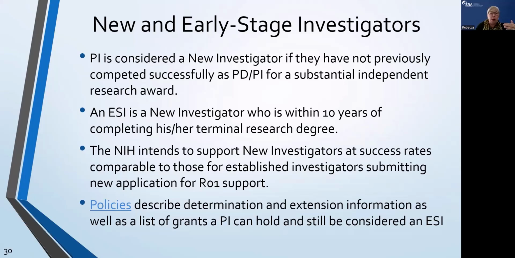R01s, P01s, some of those independent awards, if they've never participated as the PI, they will be considered a new investigator. That opens certain opportunities for them. The other is the early stage investigator, ESI, a new investigator who's within 10 years of completing their terminal research degree or postdoc. And again, it creates different opportunities, different success rates for those new investigators.